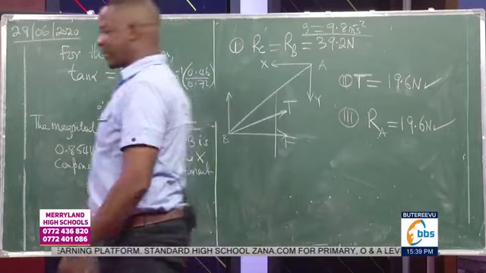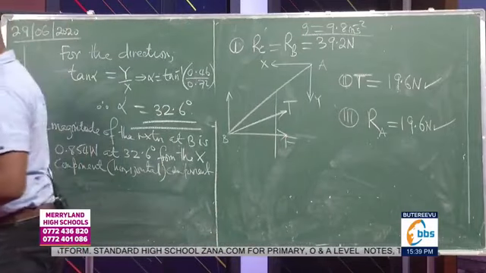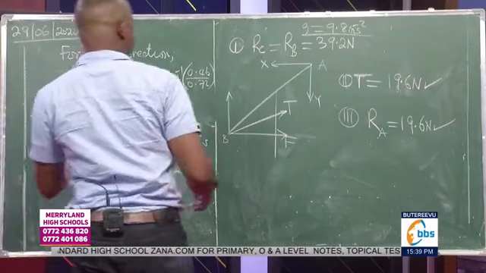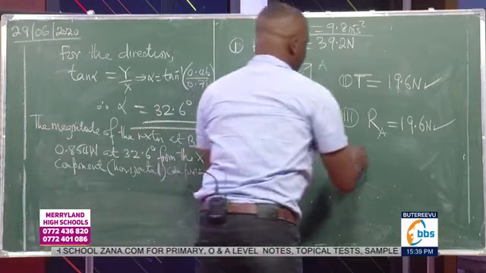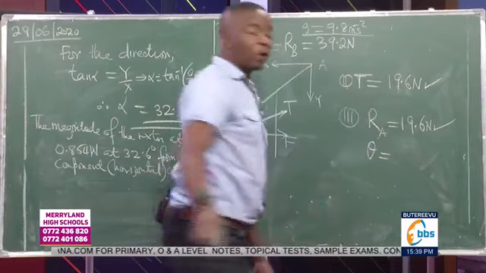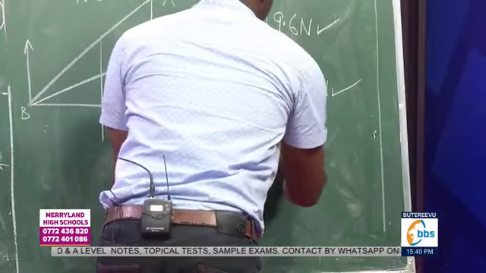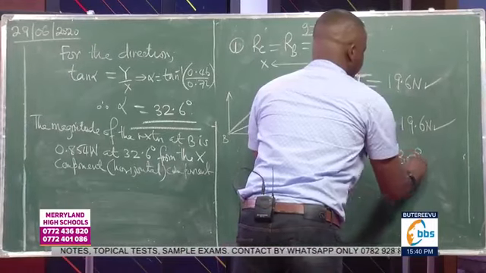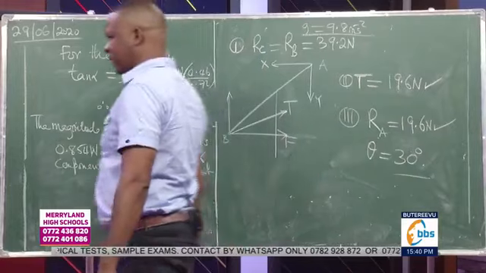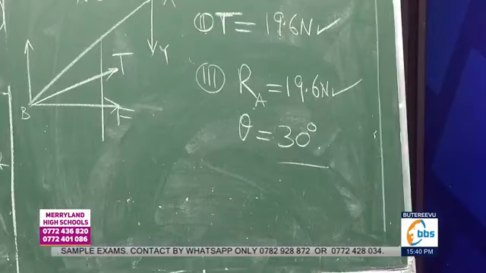This was a very unique number, giving you answers that are the same everywhere. And of course, if I call the direction theta, you should have got 30 degrees.